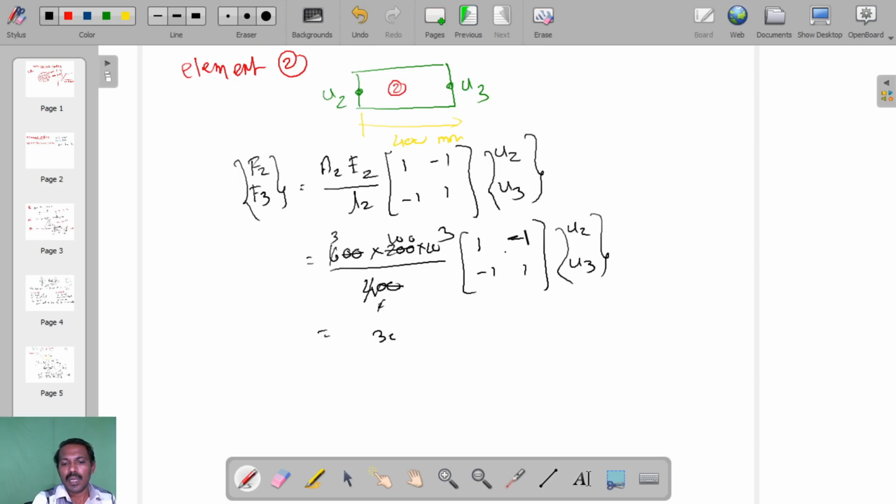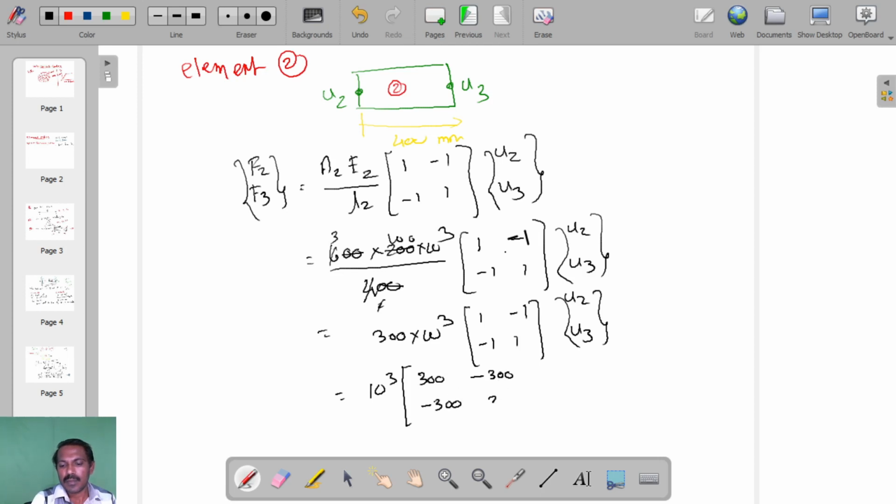So 300 times 10 power 3, times the matrix 1 minus 1, minus 1 1, and u2 u3. Next we multiply the 300 into the matrix. We take 10 power 3 outside. This gives the values of f2 f3. It is the equation.